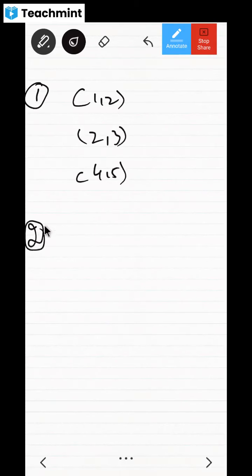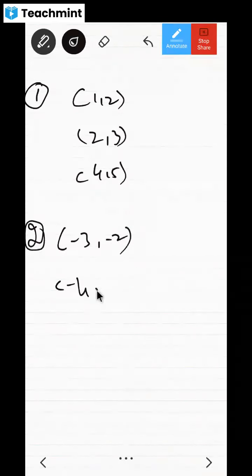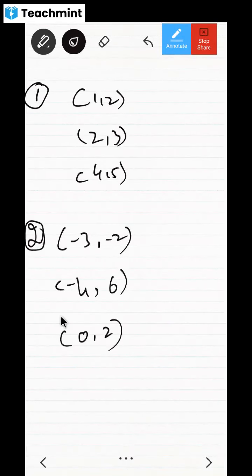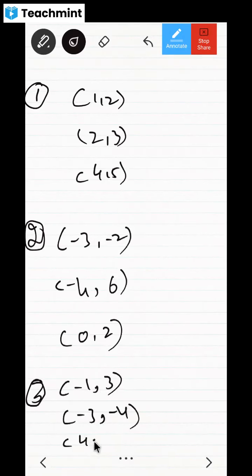The second has the points minus 3, minus 2; minus 4, 6; and 0, 2. The third has the points minus 1, 3; minus 3, minus 4; and 4, minus 6. These are the three triangles for which you have to find the area.